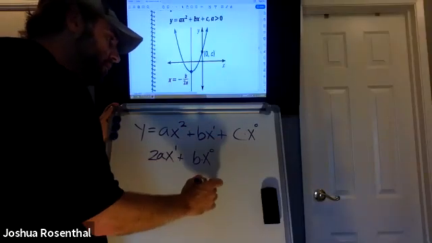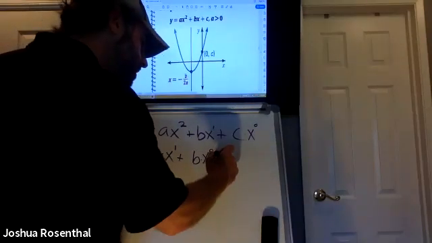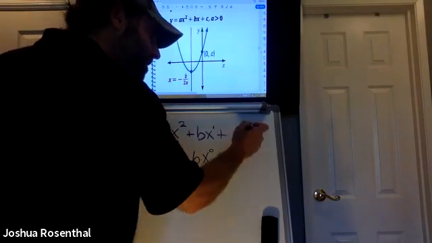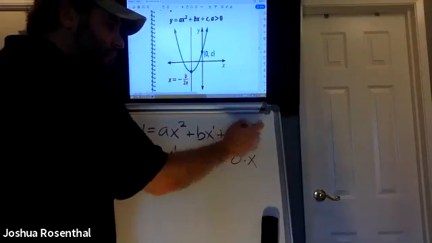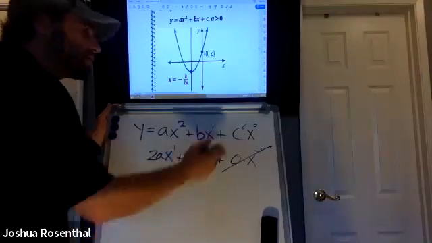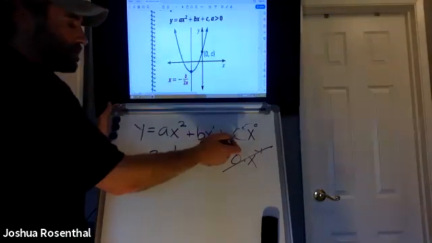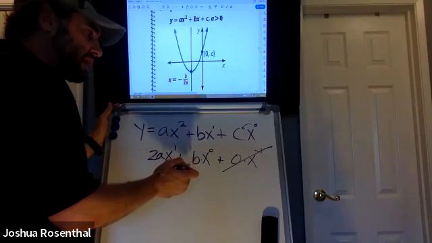And then plus 0, x to the 1 minus 1 is 0. Plus, check this one out. 0 times c is 0 times x to the 0 minus 1, to the negative 1 power, it's still 0. So that 0 is gone. So now we learned something: when you take the derivative, the constants are eliminated.